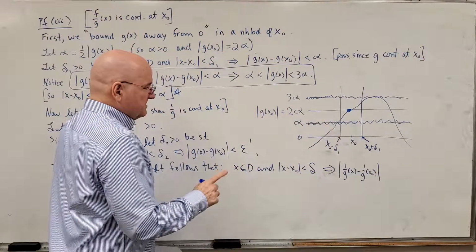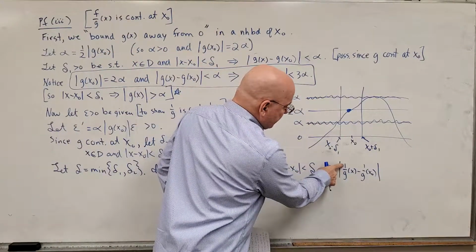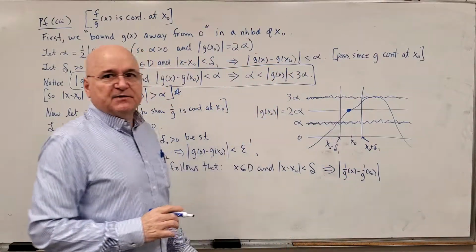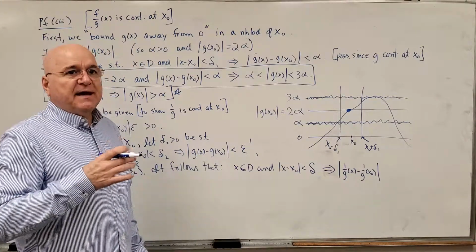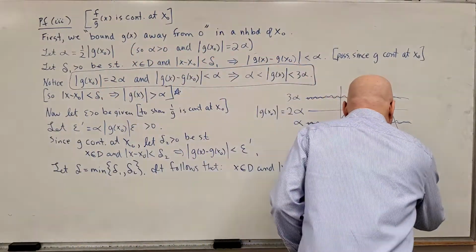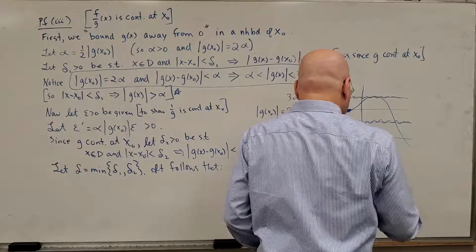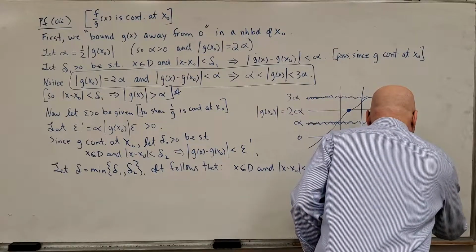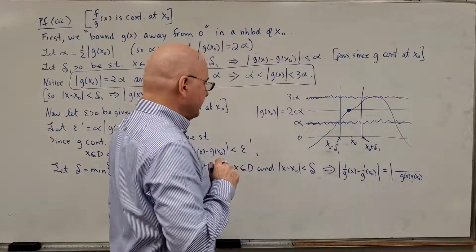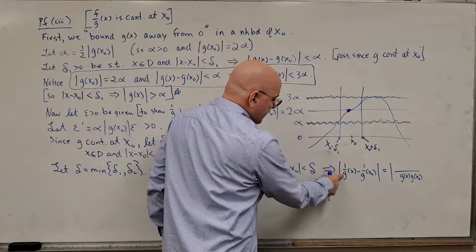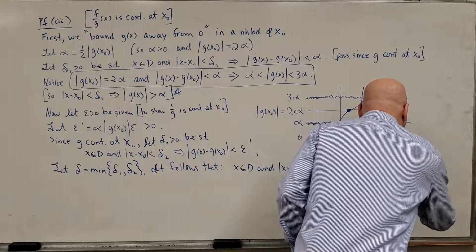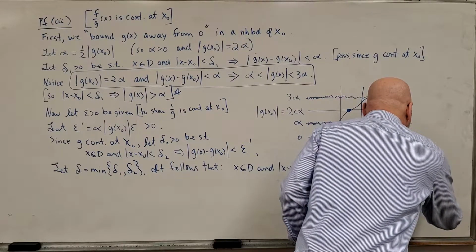And remember what this is. This is the same as writing 1 over g of x and 1 over g of x naught, taking the difference of those two. And now I'm going to rewrite that in absolute values where we have a common denominator. So the common denominator is going to be g of x times g of x naught. And what would the numerator be? If this is 1 over g of x, I had to multiply top and bottom by g of x naught minus g of x.